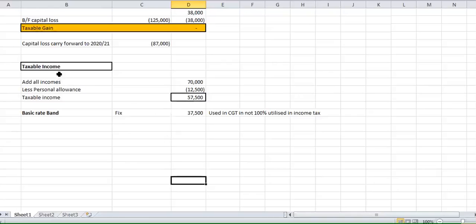Say, for example, the basic rate band available for CGT is 0.